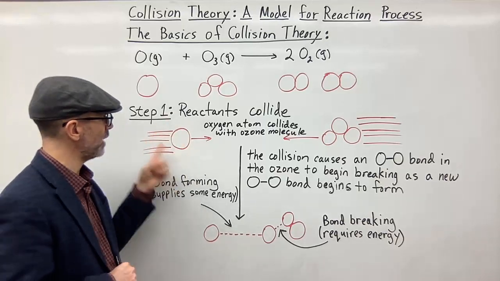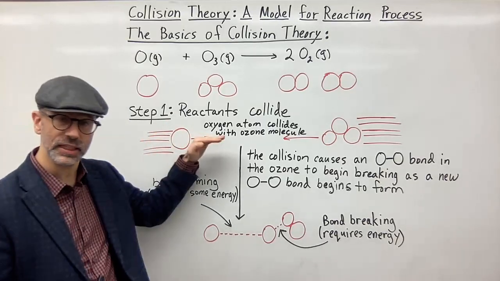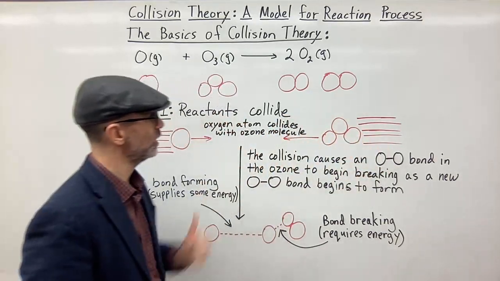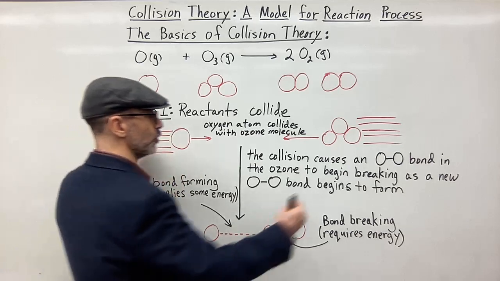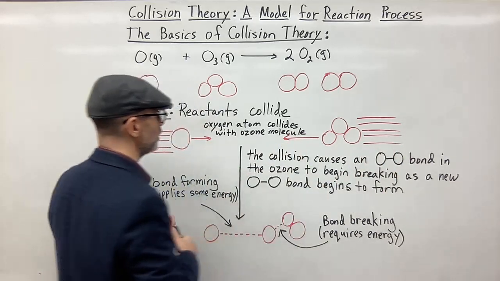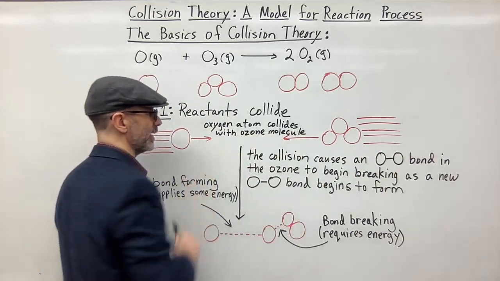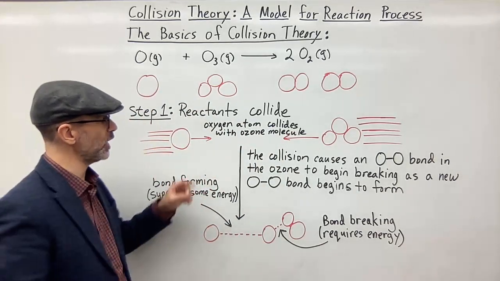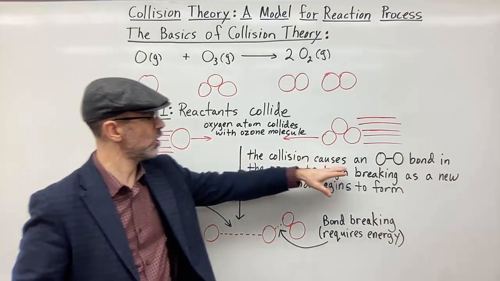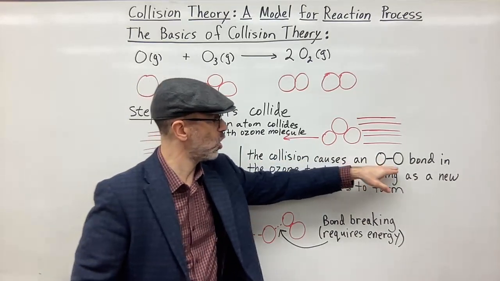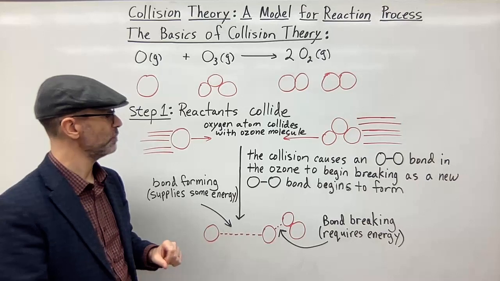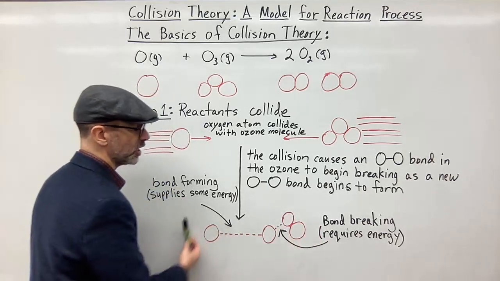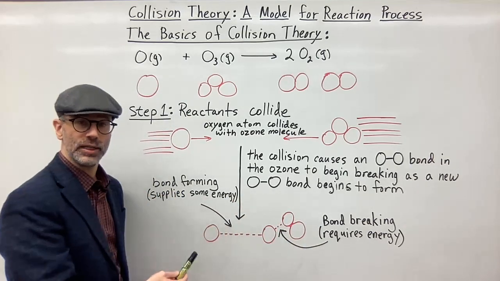Here I have my oxygen atom speeding towards the ozone molecule, which is speeding towards the oxygen atom. So they're speeding towards each other, and the oxygen atom collides with the ozone molecule. What's going to happen at this point is the collision is going to cause an O-O bond to break in the ozone. Here you can see the depiction of what's going on during the collision.